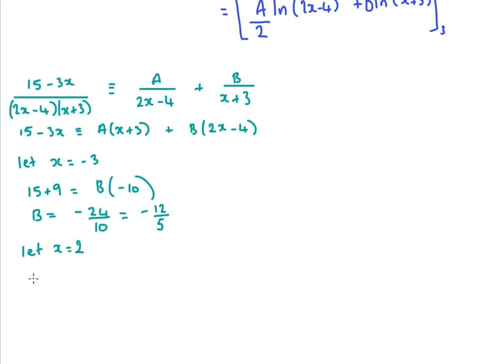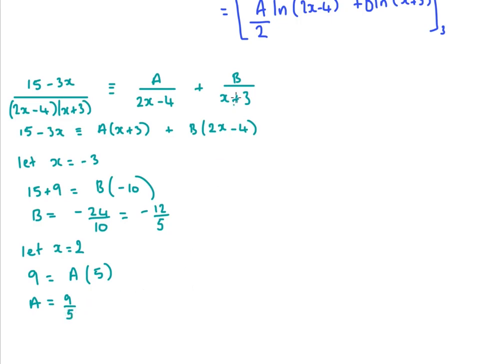So when x is equal to 2, we're going to have 15 minus 6, which is going to be 9, is equal to a lots of x plus 3. So that's going to be 2 plus 3, which is 5. So a is 9 over 5.